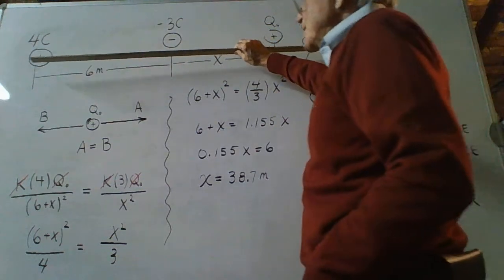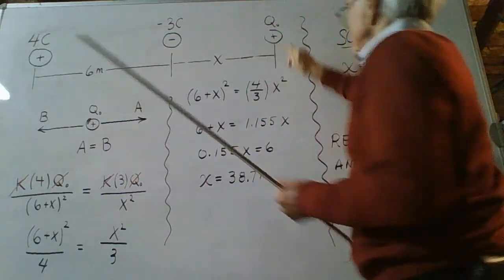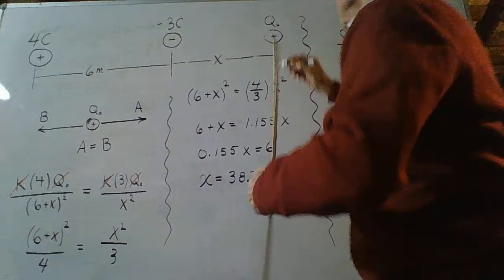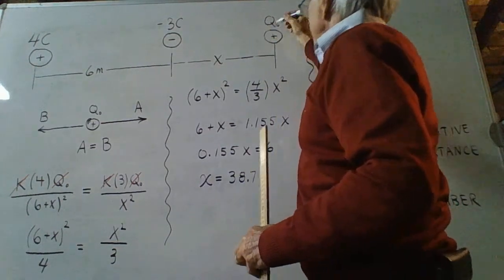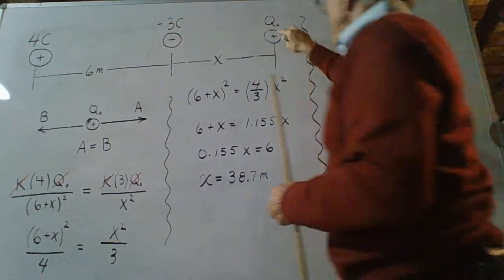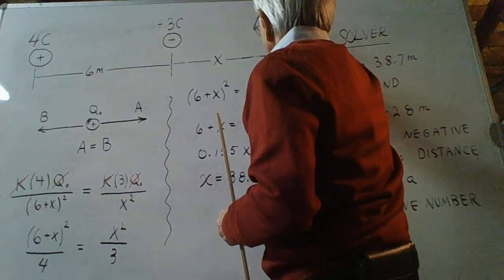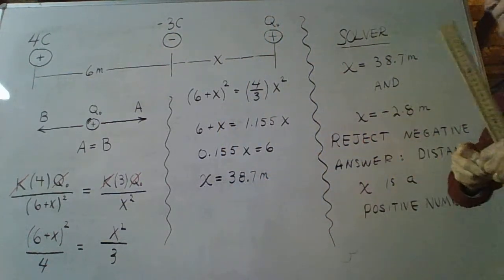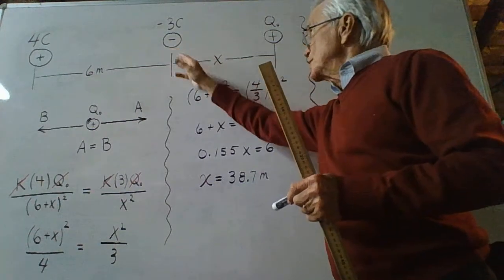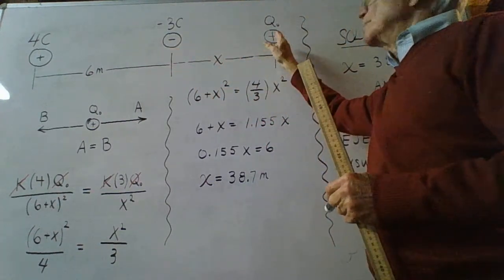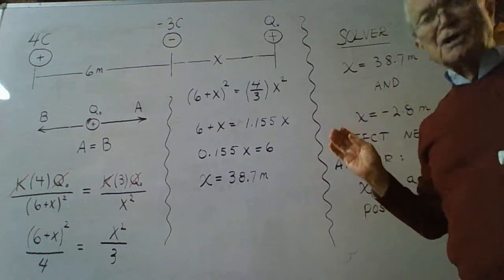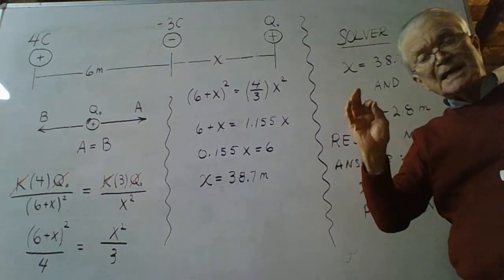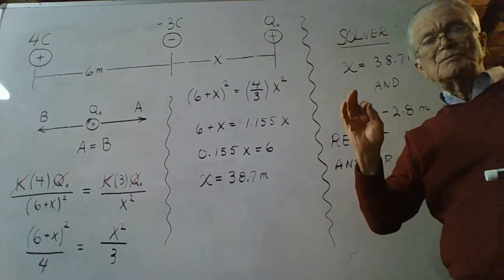Along the line joining the two charges is what we can call a test charge, a charge which we'll label as Q naught, and let's suppose that charge is a positive charge. We want to determine how far from the 3 coulomb charge may we place this test charge of any value whatsoever and have it remain there when we release it.